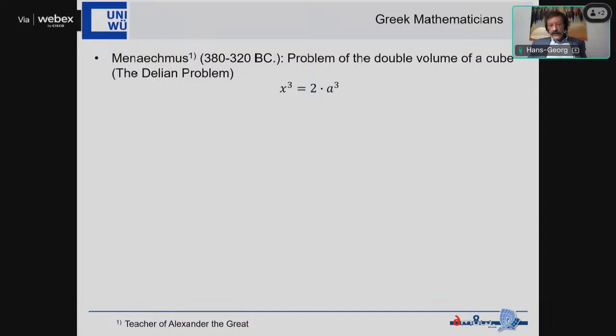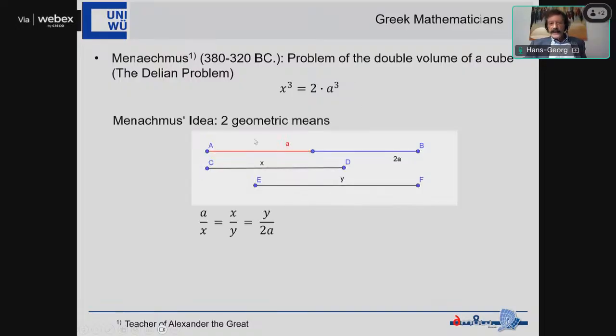And Menaechmus was the first who tried to solve this problem, and he has done it with 2 geometric means. So if you have a and 2a, and you want to calculate the new side of this cube with double the volume, he has done these 2 geometric means.